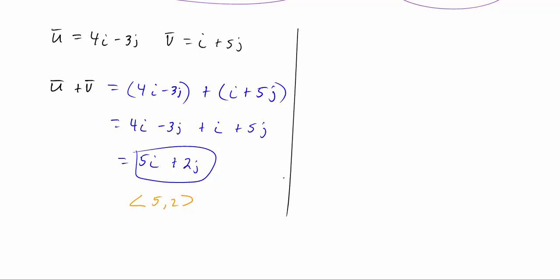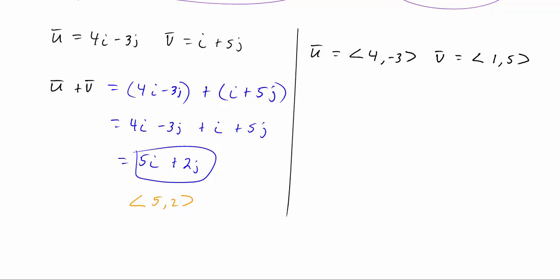So in other words, let's look at this another way. We have the vector u. We could write this the same as writing u is equal to 4 comma negative 3, and we could say v is equal to 1 comma 5.